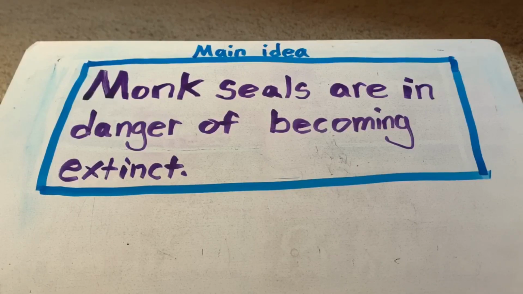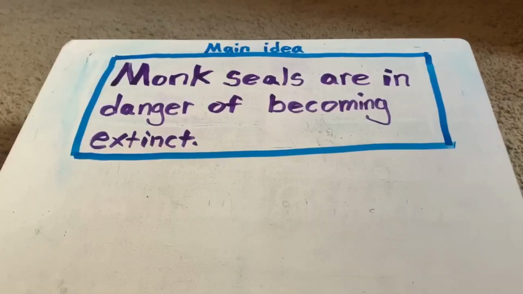Now I'm going to find some supporting details in the text that support this idea. They prove that this idea is true. So let me think. What are some supporting details from the text that support this main idea? So this is exciting.